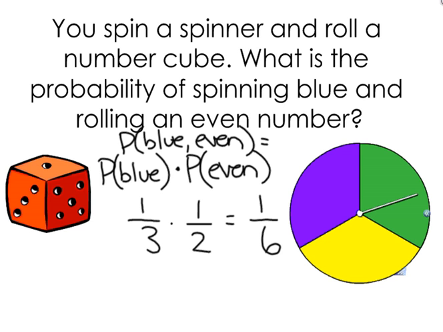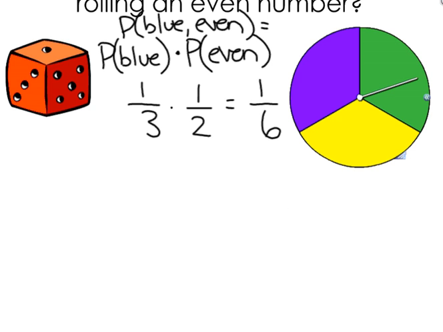And then just to tie that back with what we already know, I'm going to sketch out a really quick tree diagram. So our options will be 1, 2, 3, 4, 5, 6 for the number cube. And then we'll have our 3 different colors for the spinner.